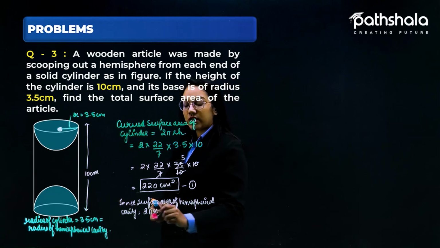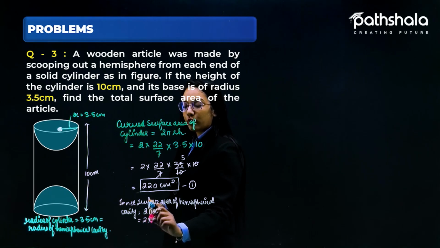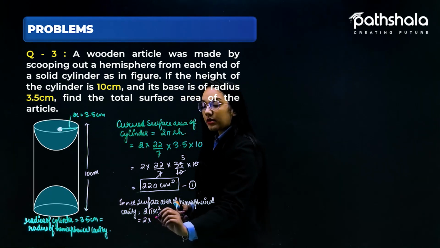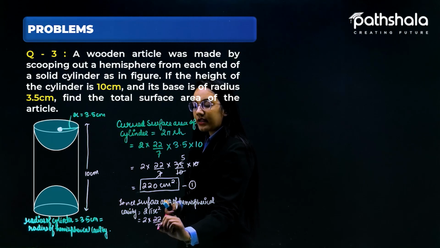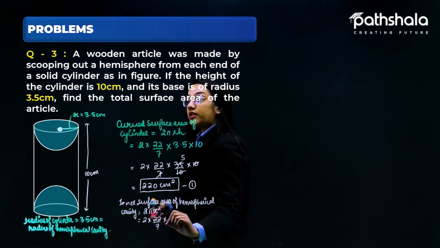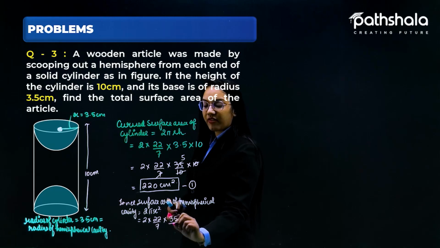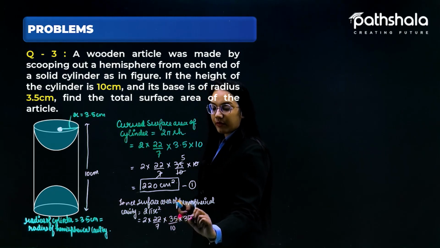Now let's sort it out. This is 2 pi r square, which is 2 into the value of pi, 22 by 7, and the radius is 3.5, so 35 by 10 into 35 by 10.